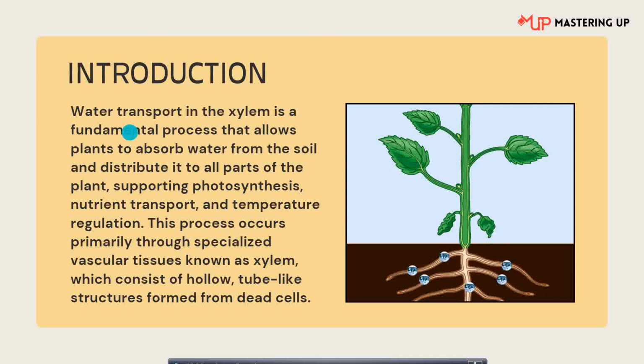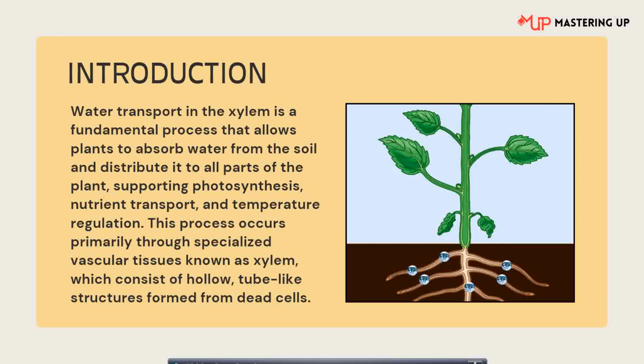Water transport in xylem is a fundamental process that allows plants to absorb water from the soil and distribute it to all the parts of the plant, supporting photosynthesis, nutrient transport, and temperature regulation. This process occurs primarily through specialized vascular tissue known as xylem, which consists of hollow tube-like structures formed from dead cells.